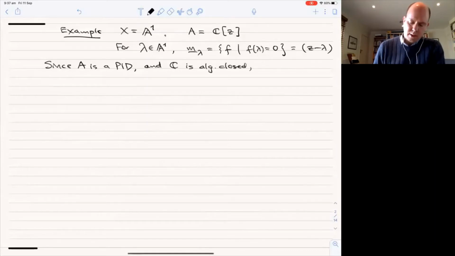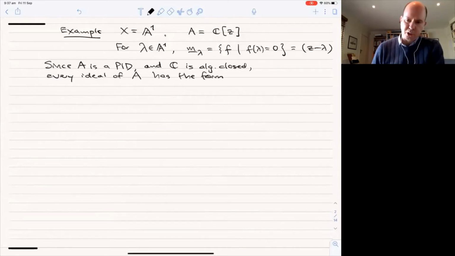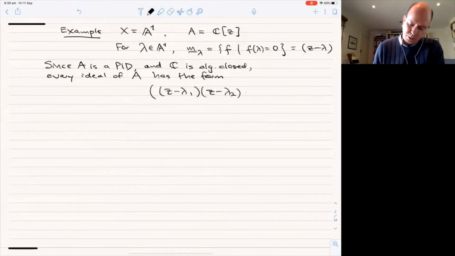So every ideal is just the set of multiples of a single polynomial which you can factorize. So it has the form the multiples of (z minus lambda 1)(z minus lambda 2) up to (z minus lambda n). I'll call this I, lambda 1, lambda 2 to lambda n.